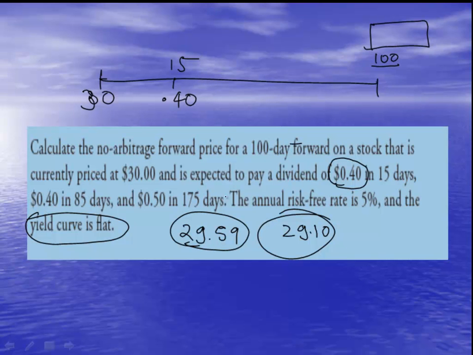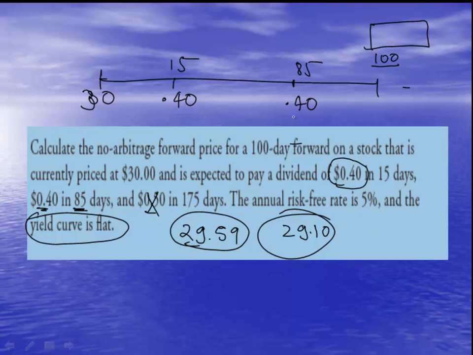Then 0.40 in 85 days. And then 0.50 in 175, but that's out of the forward contract, so we need to ignore this irrelevant information. So now what we'll do is, there are two ways of doing it.